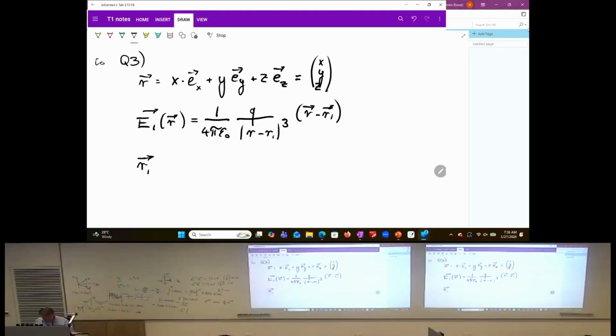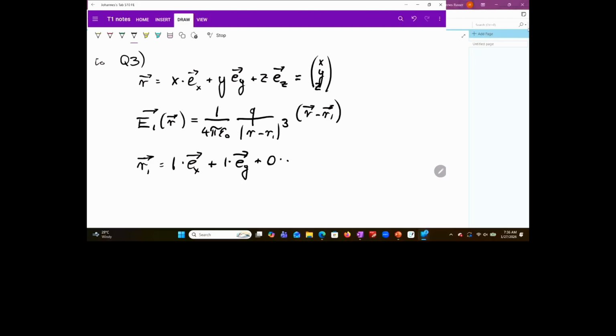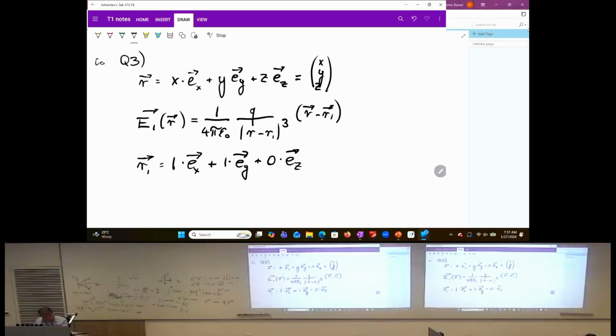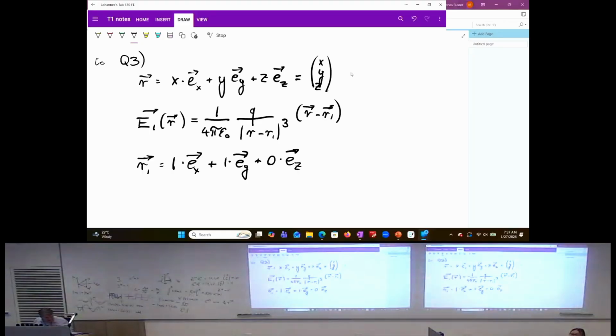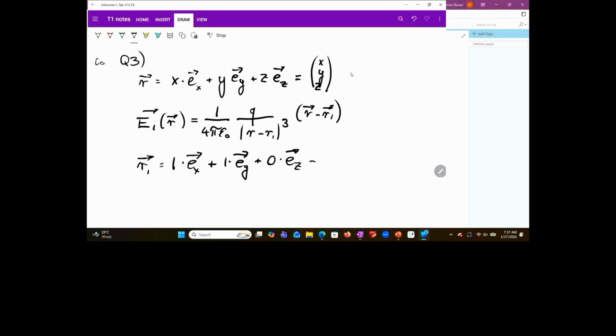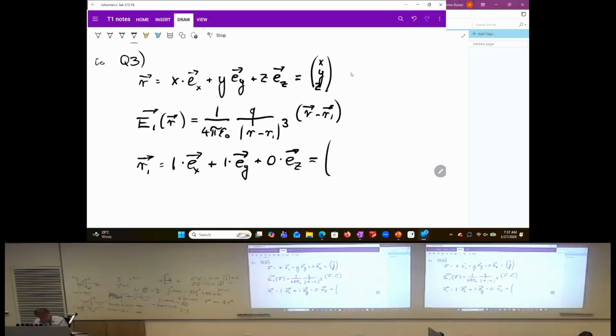As given in the problem statement, it is 1 Ex plus 1 times Ey. Then we can expand it. Ez is not given, but that would be 0 times Ez. Let's keep it a bit more general. You would not have to do that for that particular question, but I would like to keep it in a more general form, so that if there is also a z component, you have it in here as well. So if you write it as a column vector, it is 1, 1, 0. That is your R1 vector.